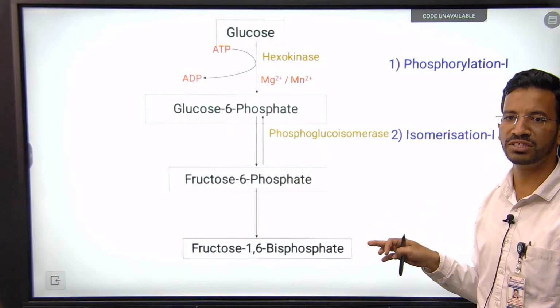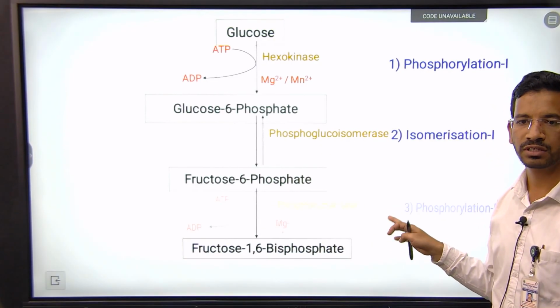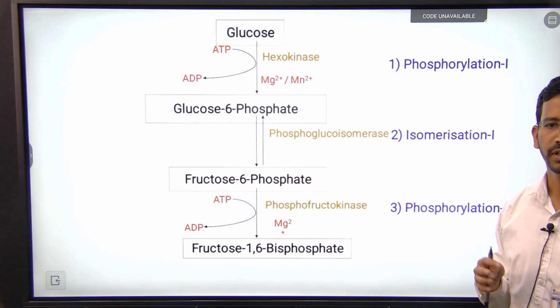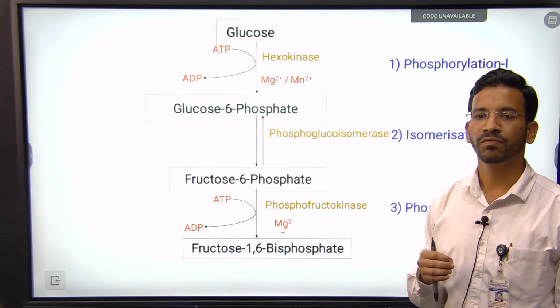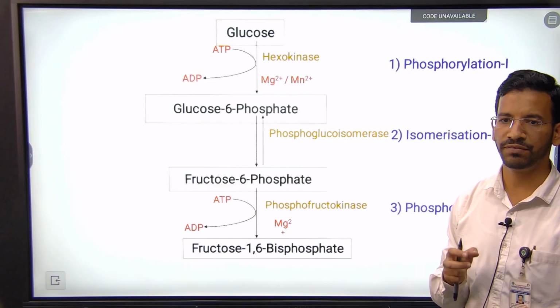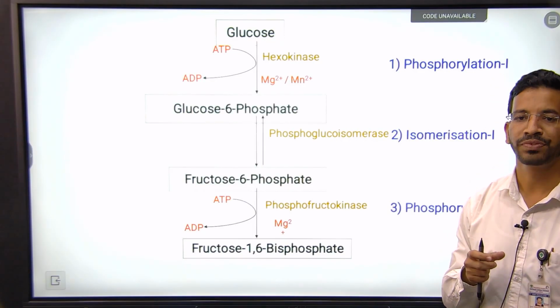There is presence of 2 phosphates. In this reaction, the enzyme working is phosphofructokinase, which is a very vital enzyme.